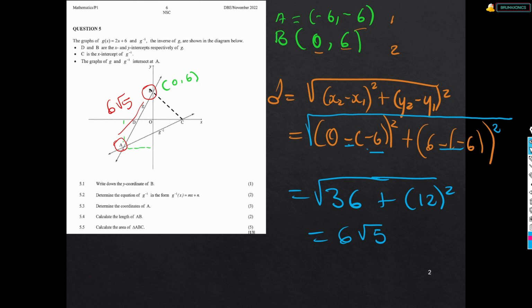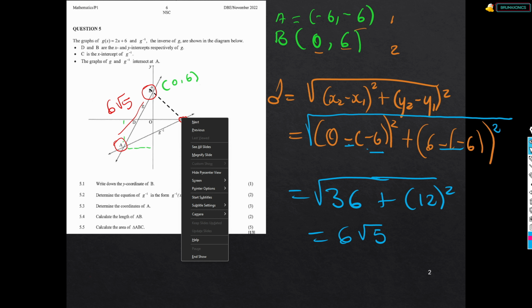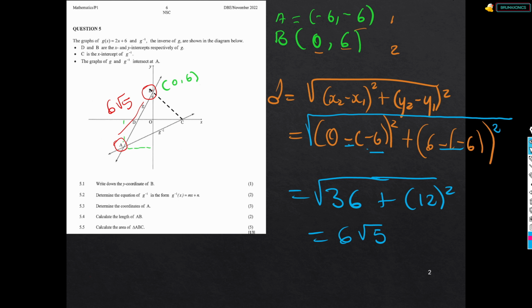So remember, this is a triangle with two equal sides because it's just an inverse of each other, right? Since they are the inverse of each other, it means that the point here at C, with B including A, will definitely have the same distance.